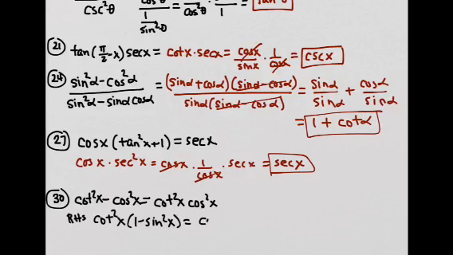So that gives me cotangent squared x minus, and I'll write cotangent as cosine over sine squared, of course, times sine squared. Okay, I applied the distributive property. So the sines are gone, and I'm left with the left side. Cotangent squared x minus cosine squared x.